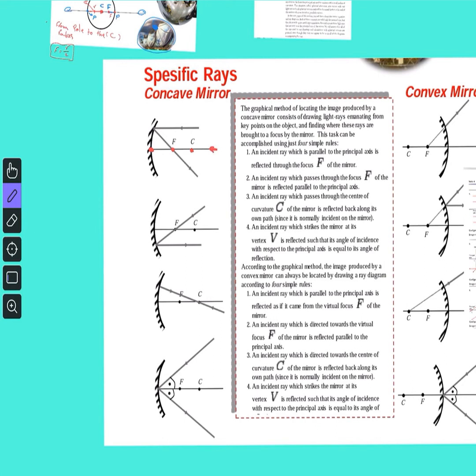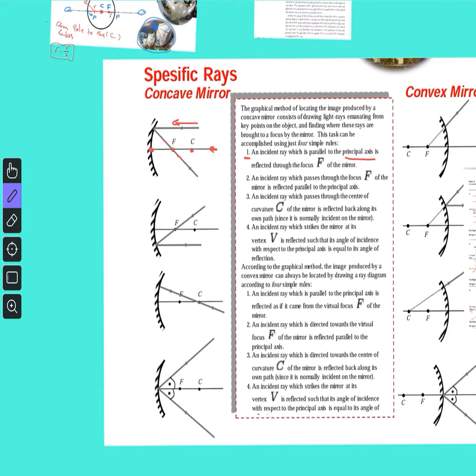The first rule about the concave mirror: if a light beam goes to the concave mirror parallel to the principal axis, when it goes straight to the mirror and reflects, it must be reflected back through the focal point.